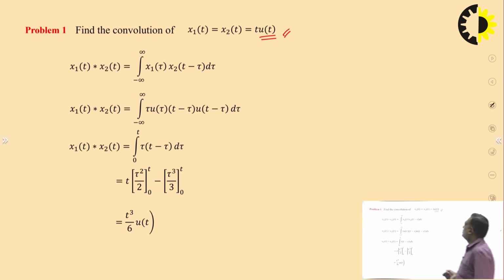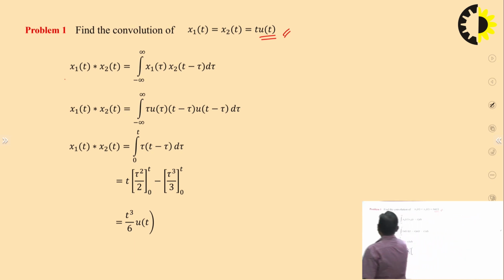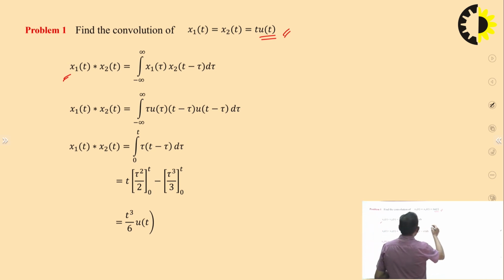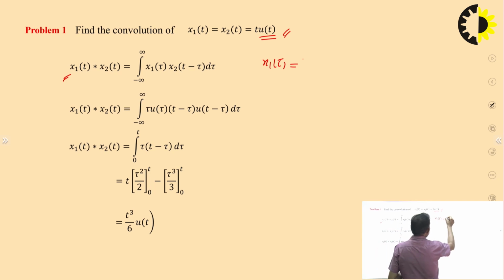Now we will use the expression x1(t) convolution x2(t), that will become integral of x1(tau) into x2(t minus tau) d tau. First of all we will calculate x1(tau), which can be calculated by putting tau in place of t.